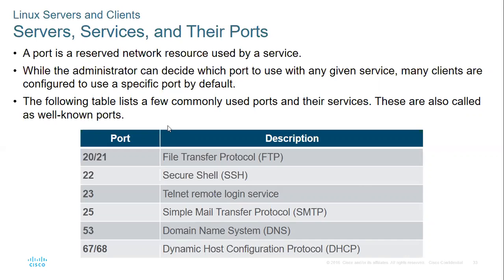How things work on the internet is, of course, anything which is on the internet must have a unique IP address. But we humans are very poor at memorizing numbers. Therefore we are good at knowing words.